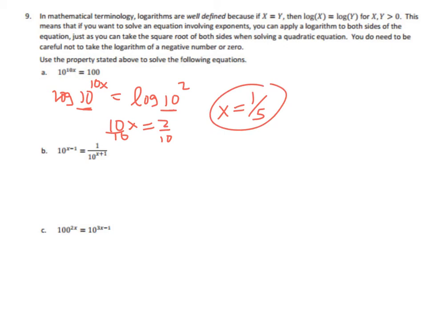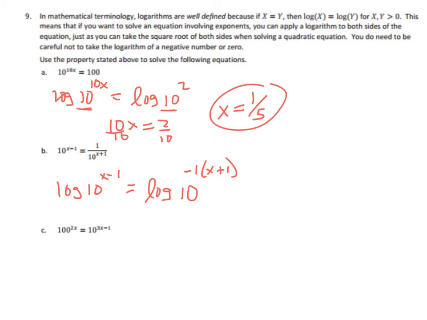Take a look at the next one. Take the log of this side, which is 10 to the x minus 1, equals the log of the other one here, which will be 10 to the, and then we've got to put a negative 1 times the x plus 1, because you are flipping it. So now both are base 10, so you can set the exponents equal.